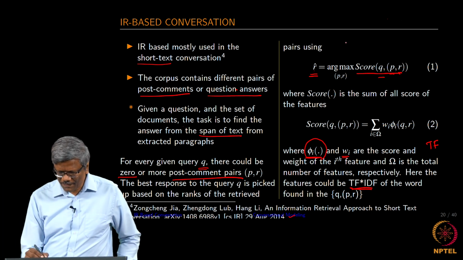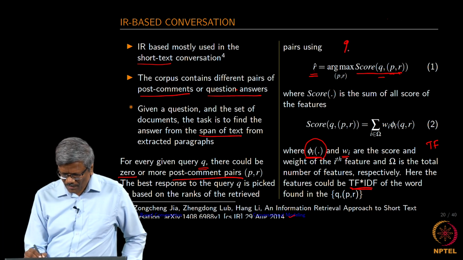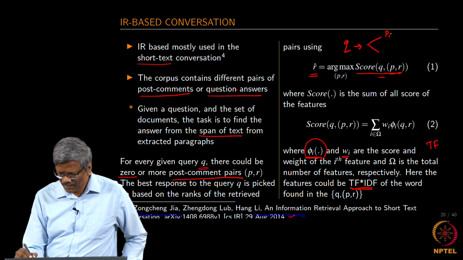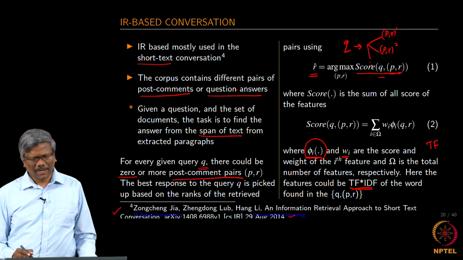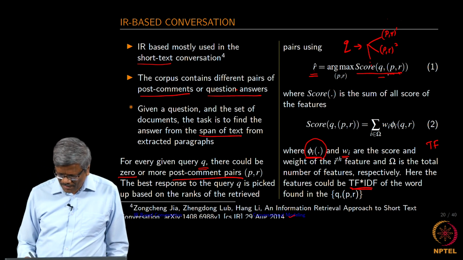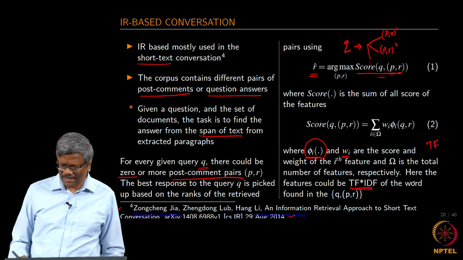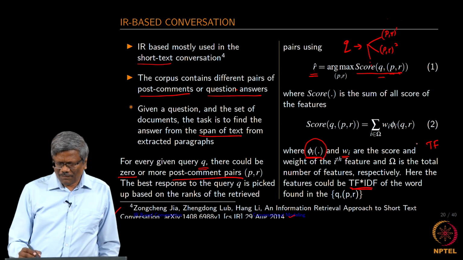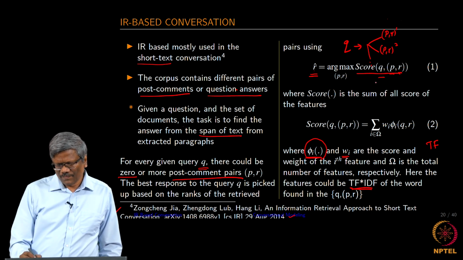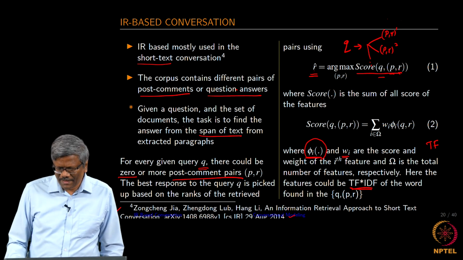So, this query gives you 10 different results and so on. And then use some mechanism using TF-IDF or some scoring mechanism to find out how close the query is with respect to the post and the response.